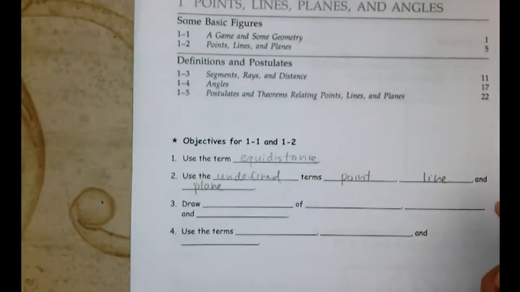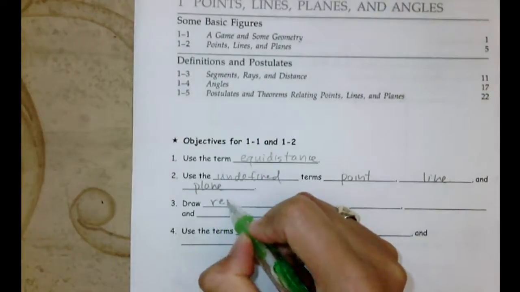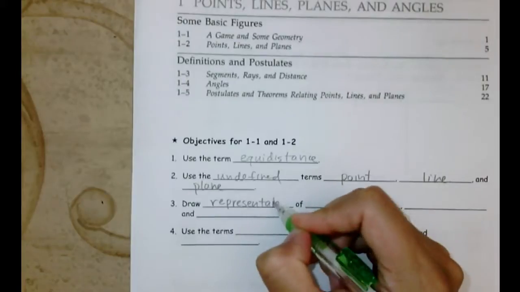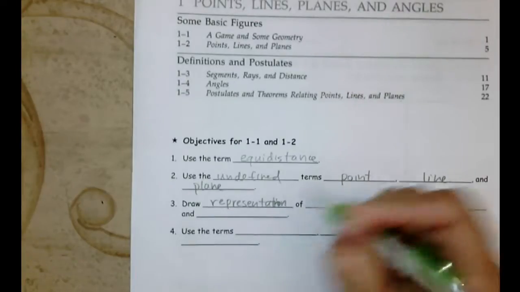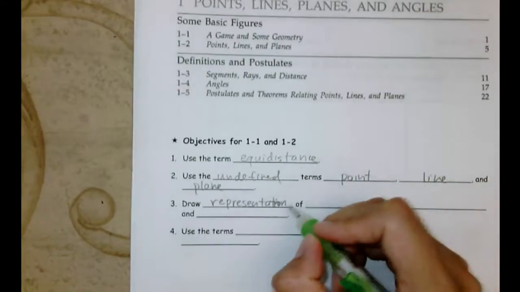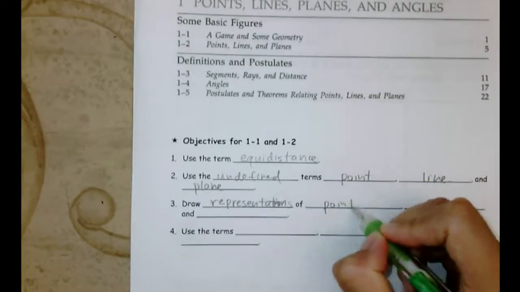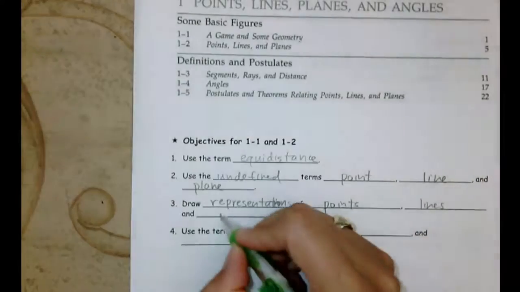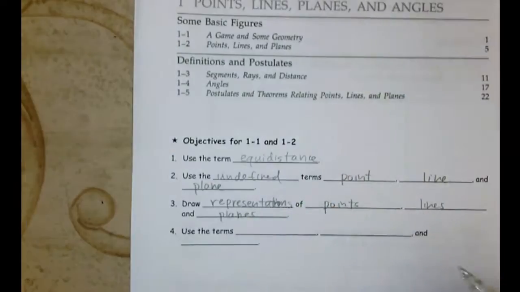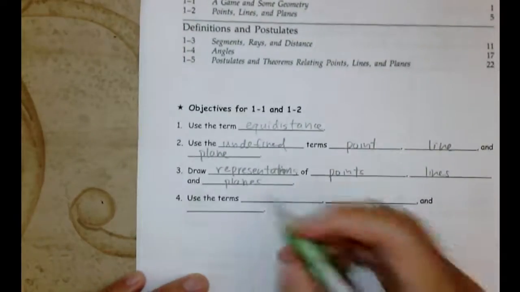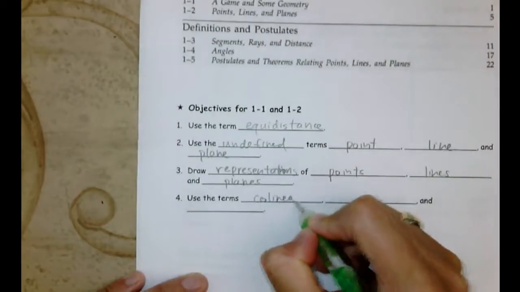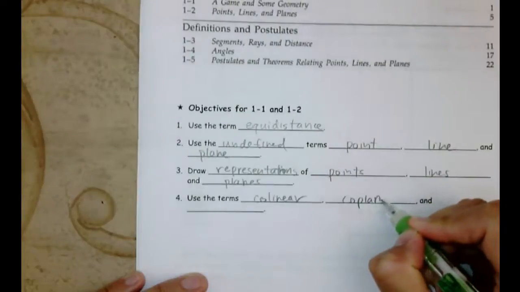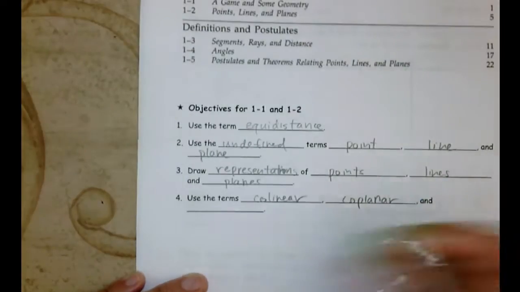Number 3, draw representations of points, lines, and planes. And 4, use the terms collinear, coplanar, and intersections.